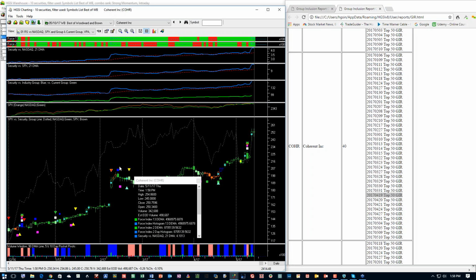So you can see that this stock, here's COHR moving up while the group's moving down, and the blue line indicates that it's outperforming its industry group here because it's going up slightly, and it's clearly outperforming the NASDAQ and the S&P at the same time because it's moving up. If the blue line's moving up, it's outperforming. Okay.